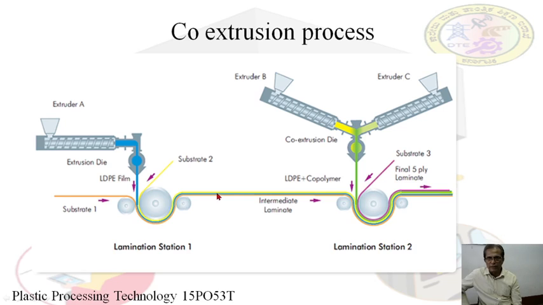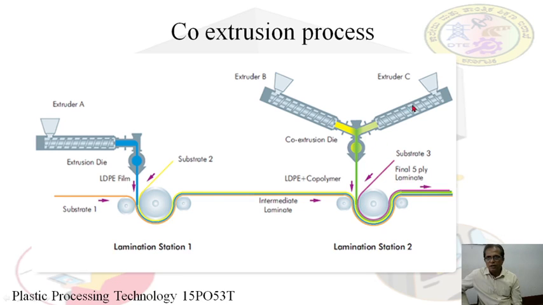Now when this passes to the next station, it will be completely cooled and solidified. The plastic material will be solidified in between two layers of substrate. Now again it is passed through another set of two rollers, nip rolls.